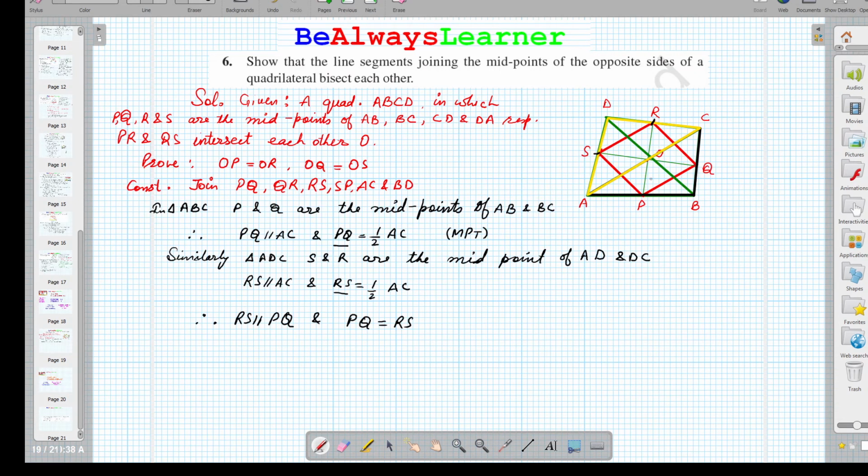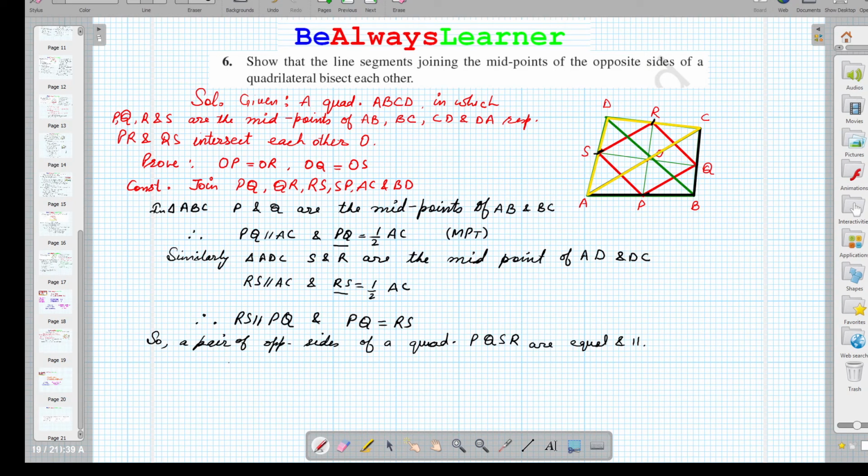Now because this is a quadrilateral, and this side are equal and parallel, so we can write a pair of opposite sides of a quadrilateral PQSR are equal and parallel. और equal and parallel होता है तो हम क्या लिखते हैं?